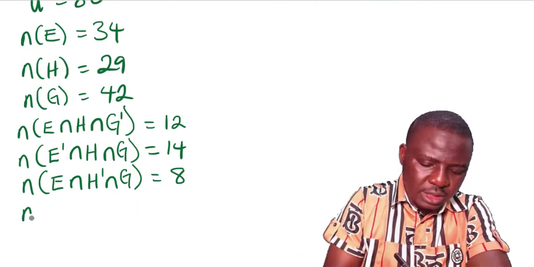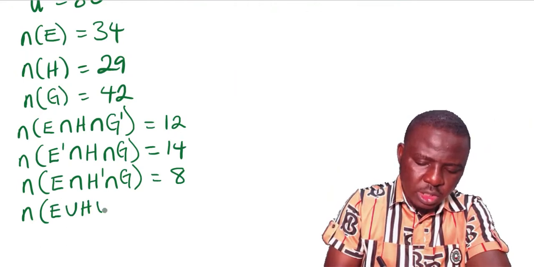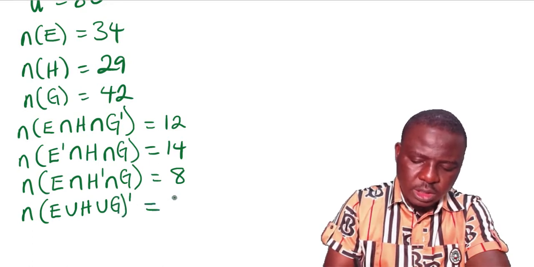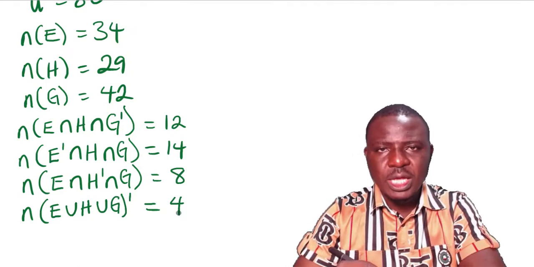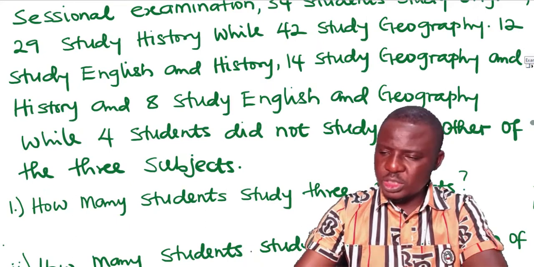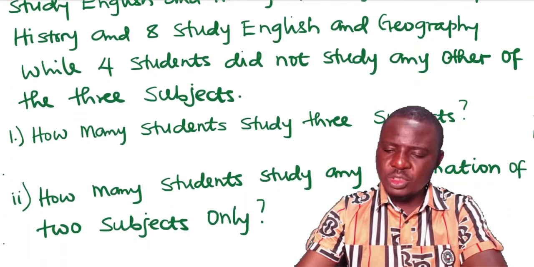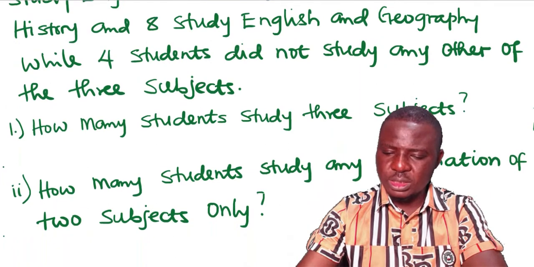So we'll write them as n of E union H union G all primed is equal to 4. That is those who did not study any of the 3 subjects. The question says, how many students study the 3 subjects?